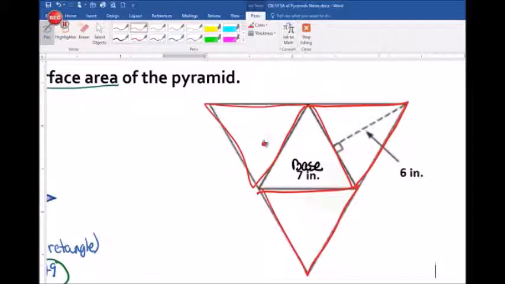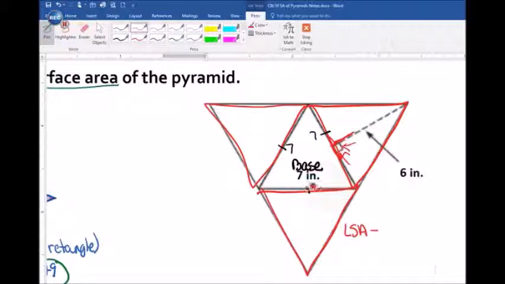And it appears that this triangle is an equilateral triangle. I'm going to go ahead and put in these lines of congruency to prove it, so that each side of this triangle is 7. Remember, when you're looking for the base and the height of a triangle, it's where it makes the right angle. Therefore, the base and the height of all these triangles is 7 and 6.